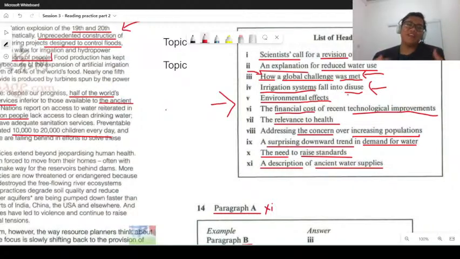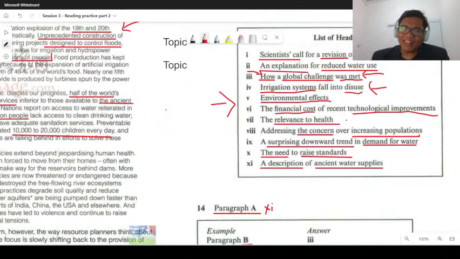So the goal for every question is to trim down the options as much as possible so you get a very good chance of pinning down the correct answer as quickly as possible. Environmental effects, not negative. Financial cost of recent technology improvement, not negative. Relevance to health, this one is pretty generic, right?